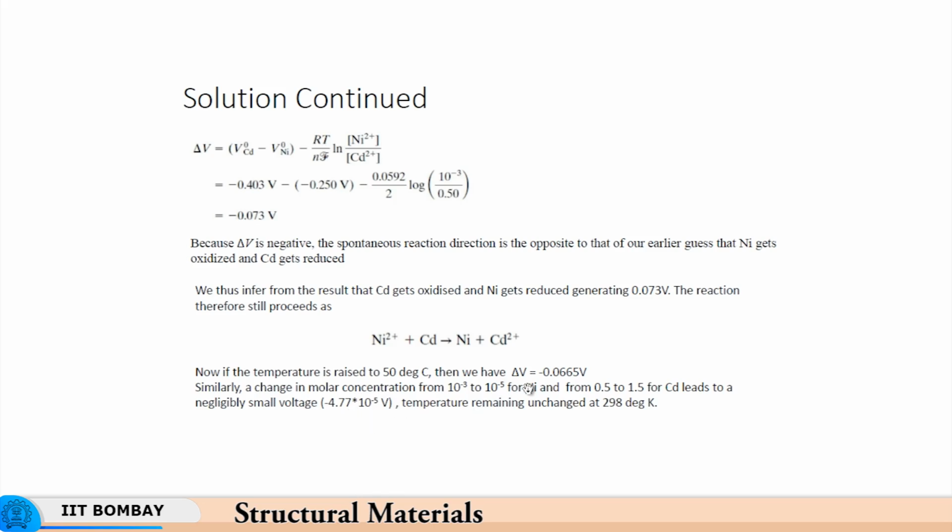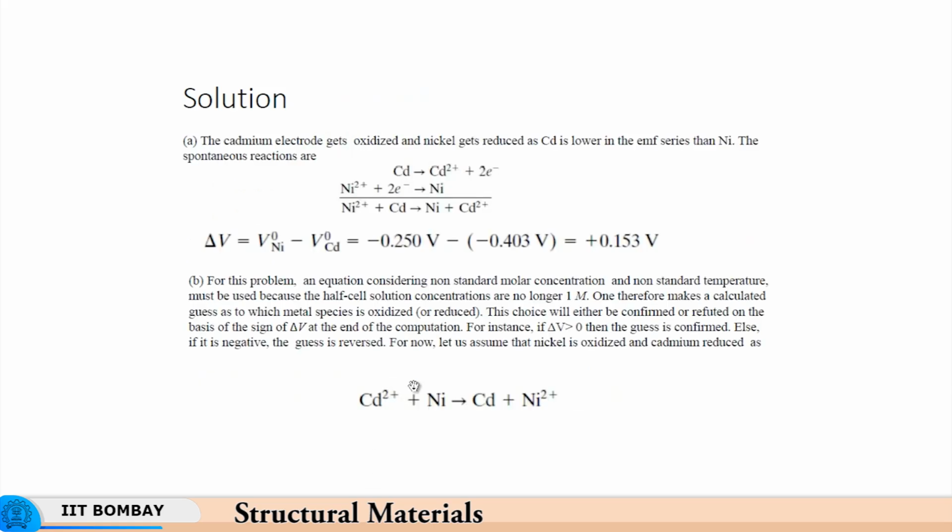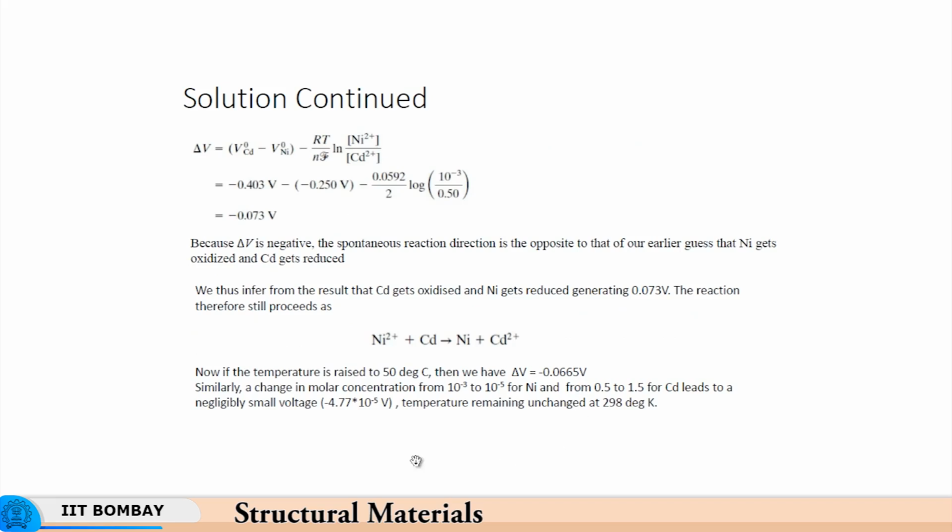So, practically you get a 0 voltage. So, you see that there is a transition from the previous voltage. So, a change in the molar concentration and temperature would lead to a transition from 0.153 volts to 4.77 into 10 to the power minus 5 volts.